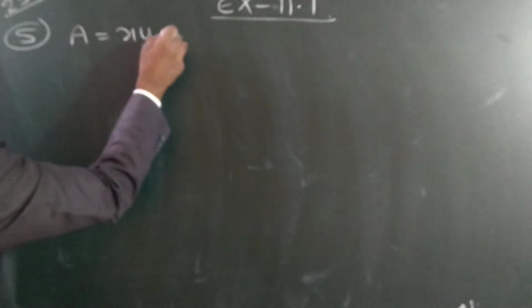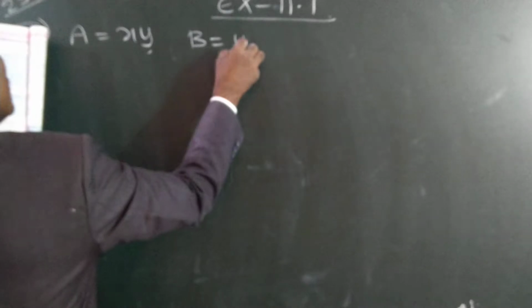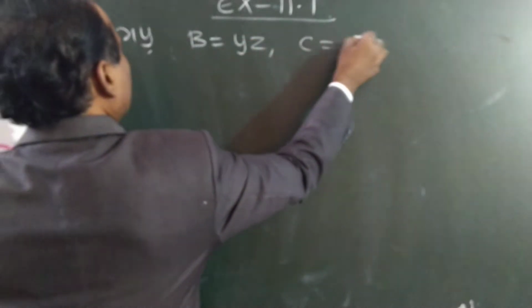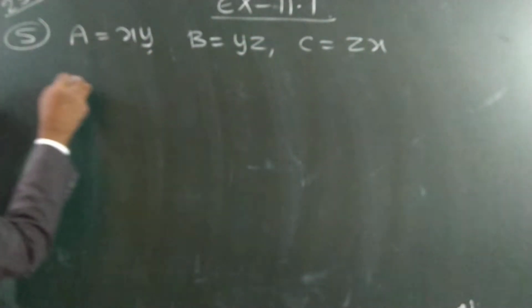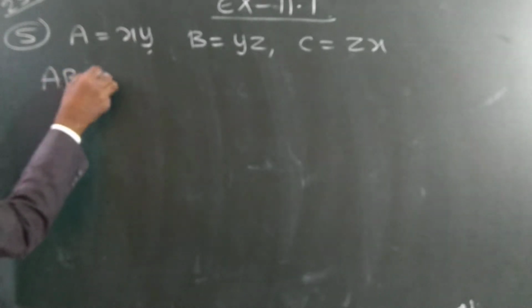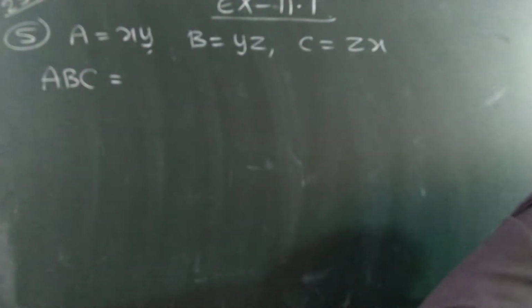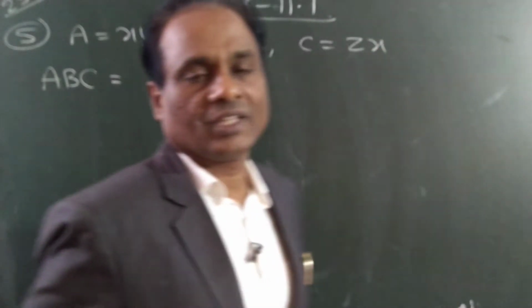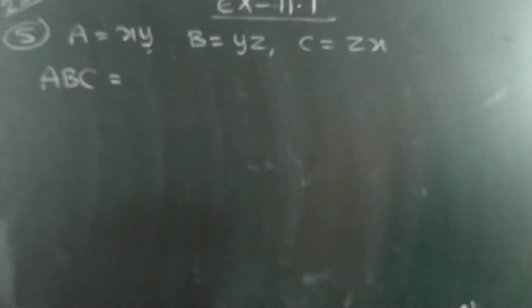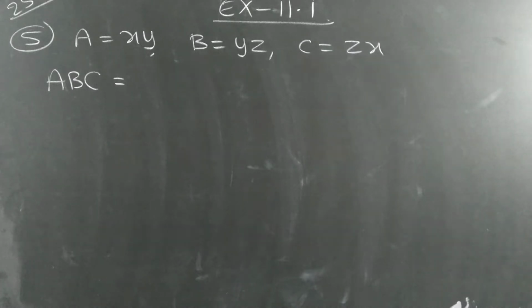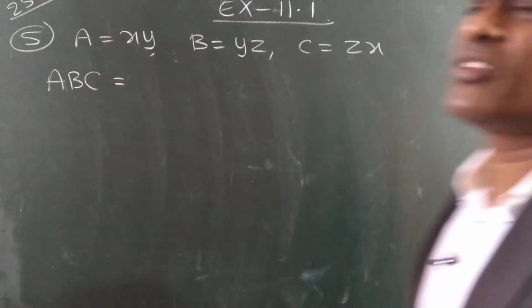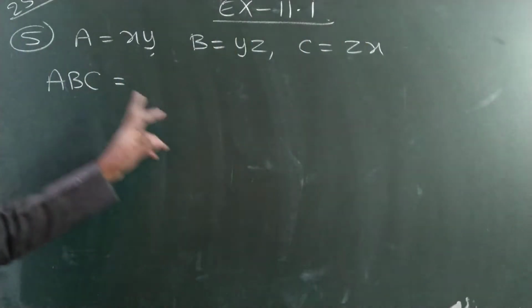A is equal to xy, B is equal to yz, C is equal to zx. Find ABC. Students, if there is ABC, what does it mean?